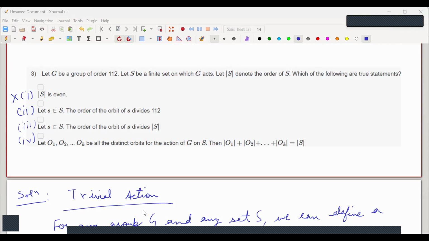So what does the orbit stabilizer theorem say? Can we conclude anything from there?